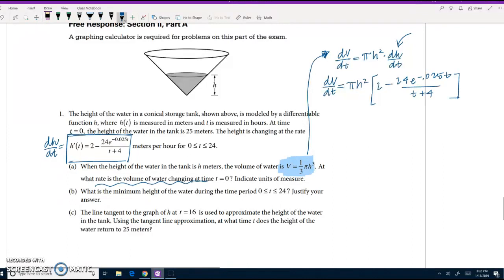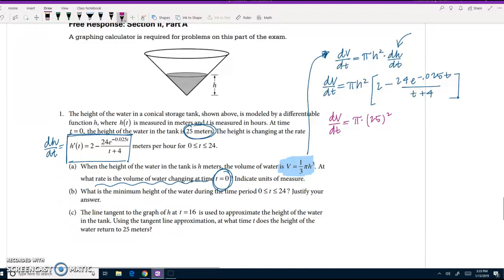Now that looks a little bit intimidating as an equation to get started, but the good news is we're interested in time 0, which it tells us in the problem is when the height is 25 meters. So we can go ahead and substitute things into our problem. So dV/dt is going to be pi times h squared, where h is 25, so 25 squared.